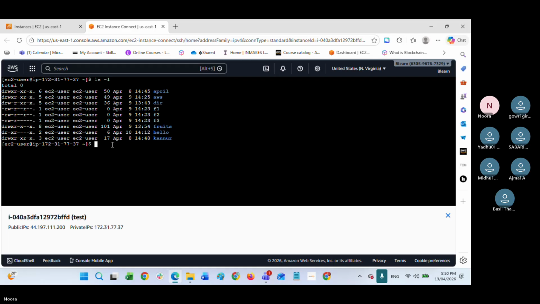Please change the user permission for the F1 file. Okay, so you want to change the file permission of F1 file, especially for user, right? What is the current permission of user?